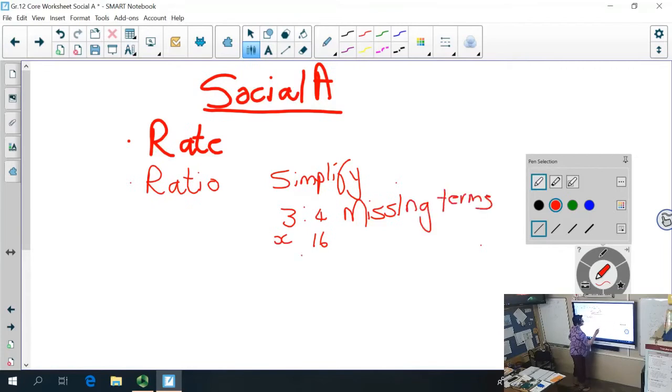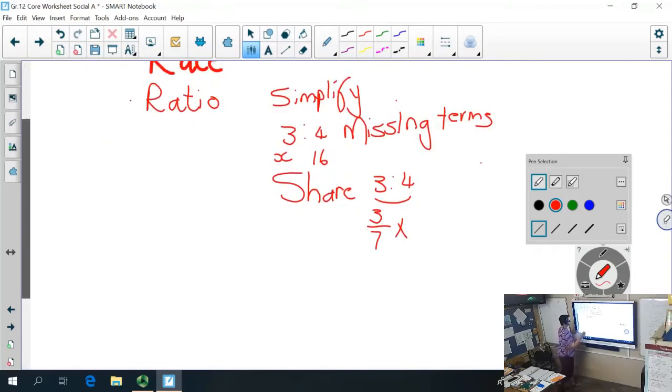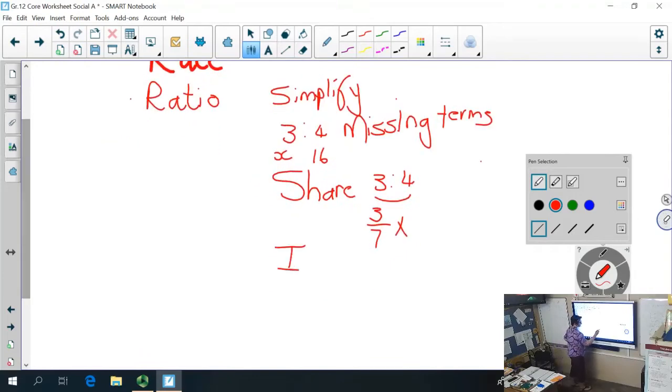The next one is when we share in a certain ratio. So if we share in the ratio 3:4, then we have to add that ratio. So the one gets 3/7 of something, and the other one gets 4/7 of something. And then we can increase or decrease in a certain ratio.